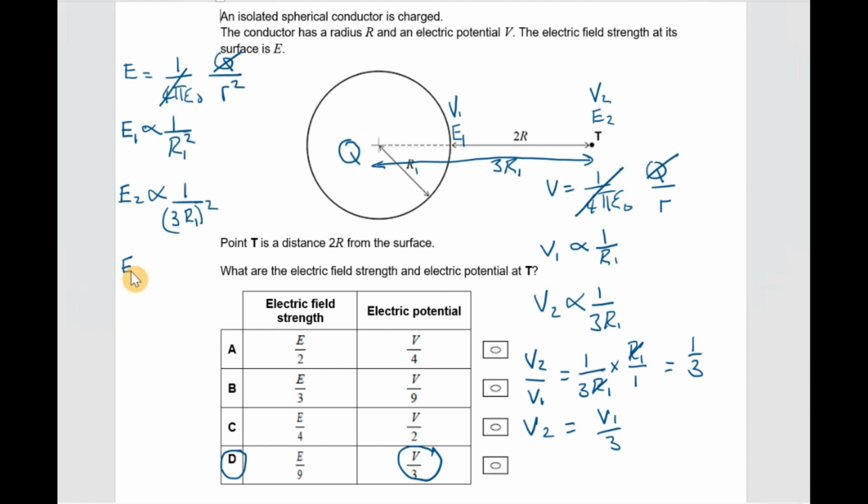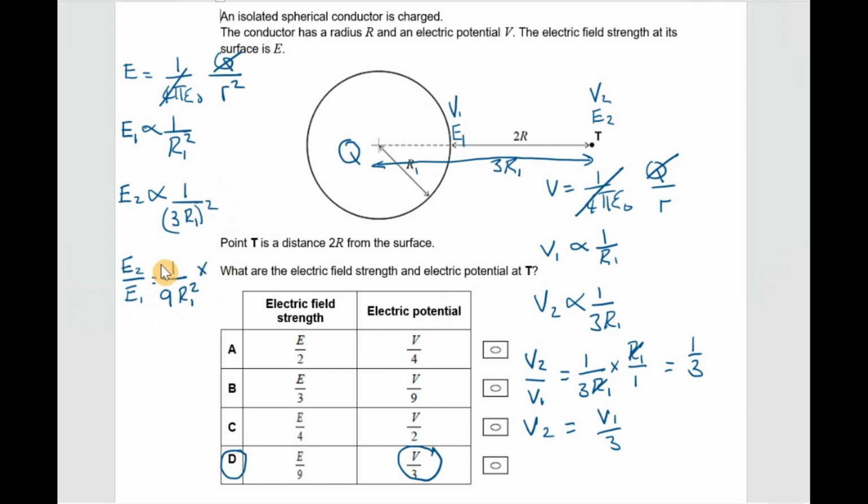Again, I can take the ratio E2 over E1. E2 is 1 over, and I'm going to multiply out this bracket, so 3 squared is 9, multiplied by R1 squared.